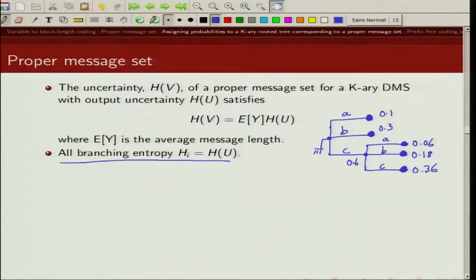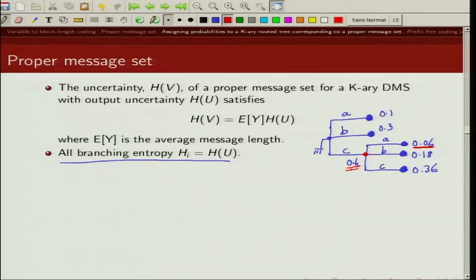Now look at the branching probability. Let's look at this particular node, at C. If I ask you to compute the branching probability, that's this probability divided by the probability of the node.